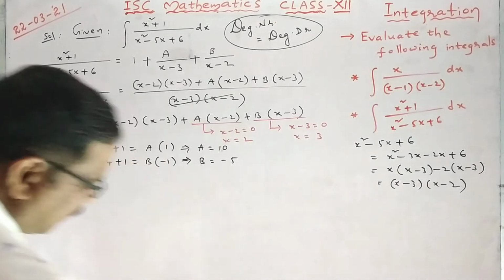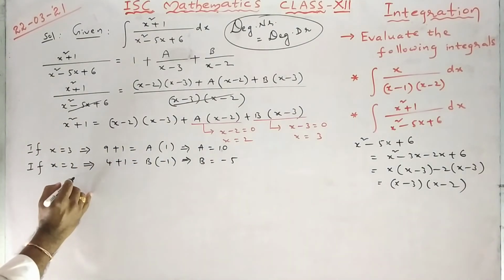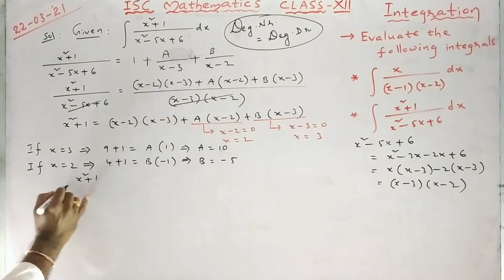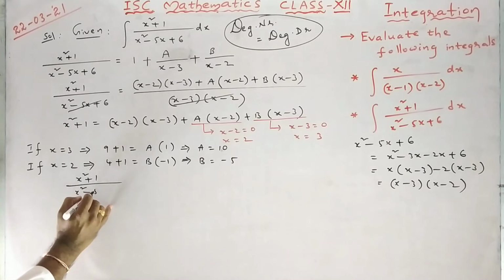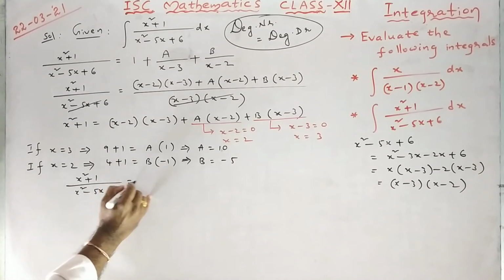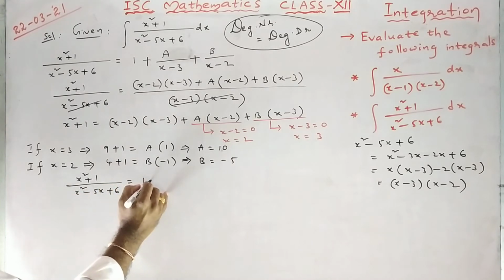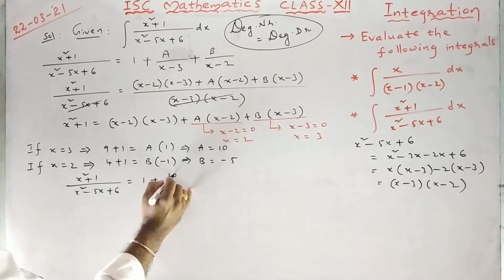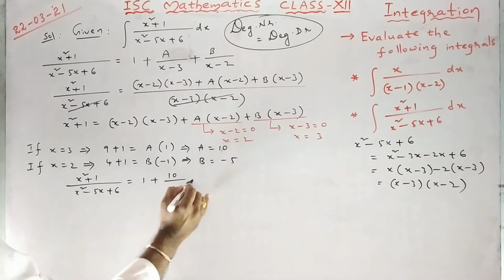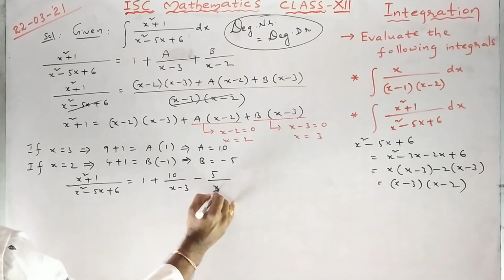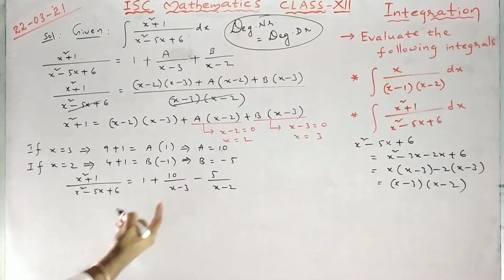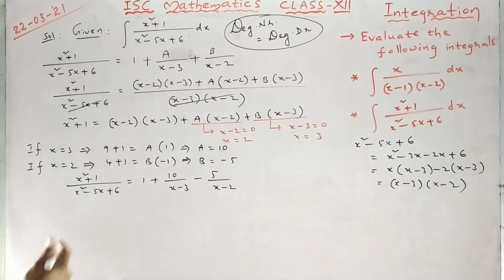10 and minus 5. So we can write now (x square plus 1) by (x square minus 5x plus 6) equal to 1 plus 10 upon (x minus 3) minus 5 upon (x minus 2). These are the partial fractions. If you simplify this, we will get the same fraction.